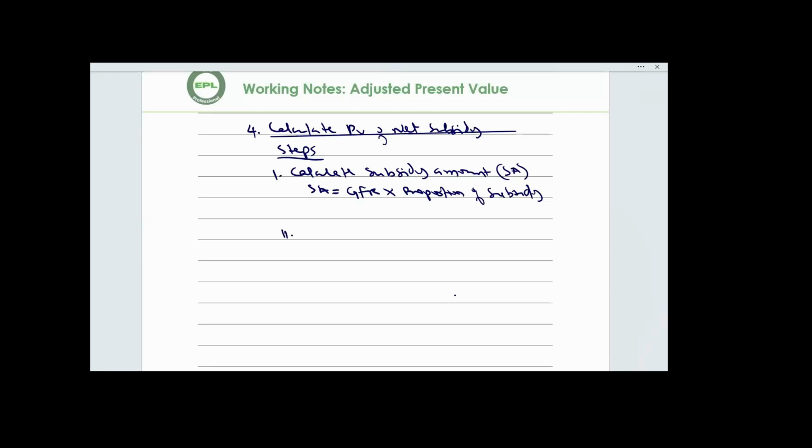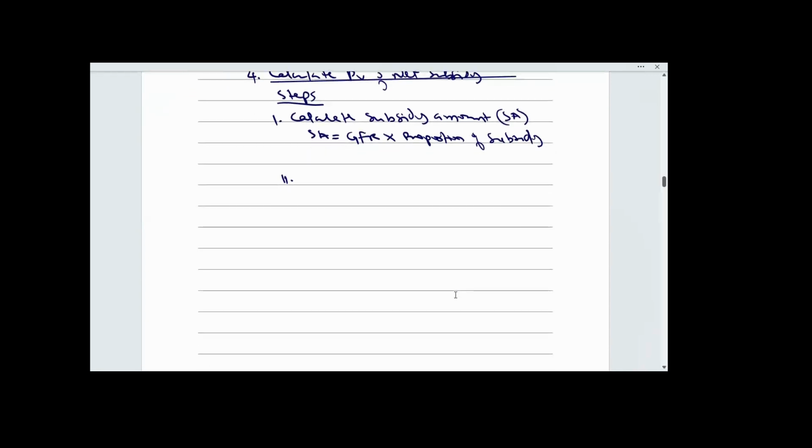Then step number two under net subsidy is to determine savings on subsidy in percentage. Okay, SOS in percentage.